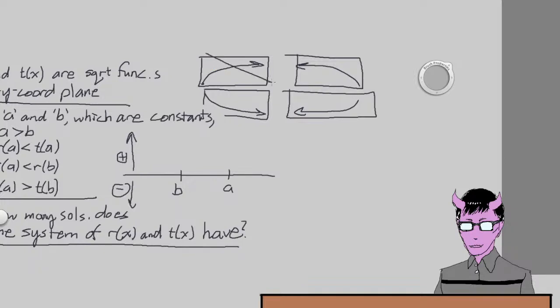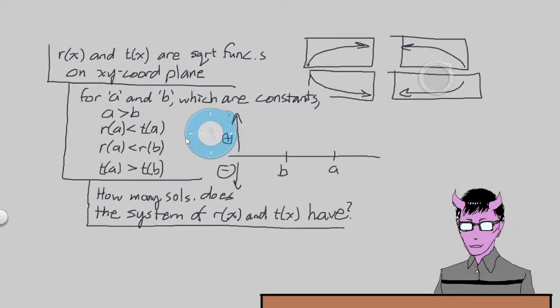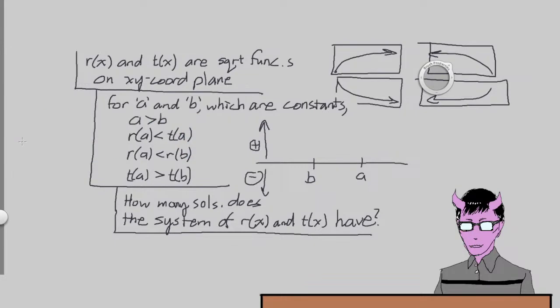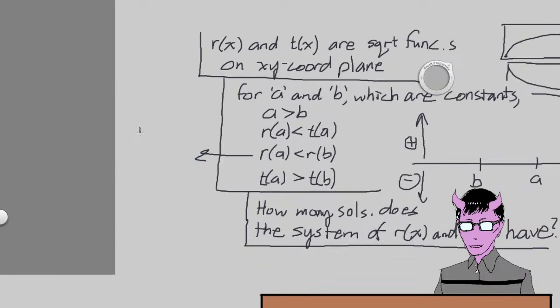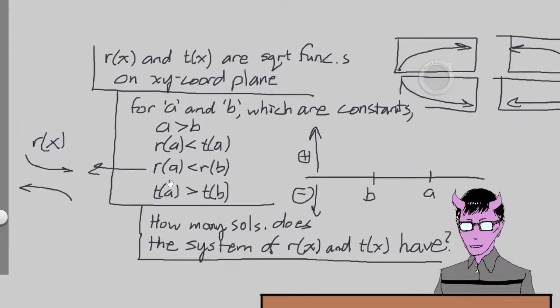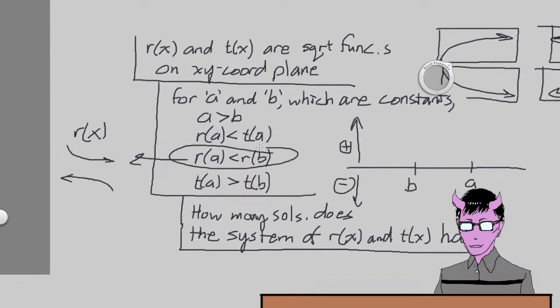So not this one and not this one. So we either have this one or that one. But at this point, it's kind of ambiguous. From this clue alone, r of x could be this one, or it can be this other motif. We don't know which one it is, unfortunately, from this clue alone.